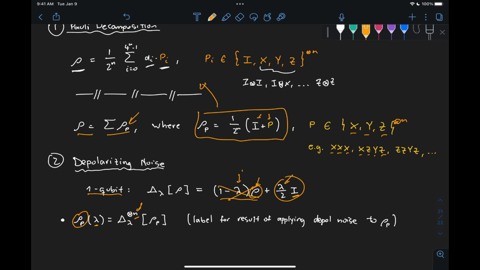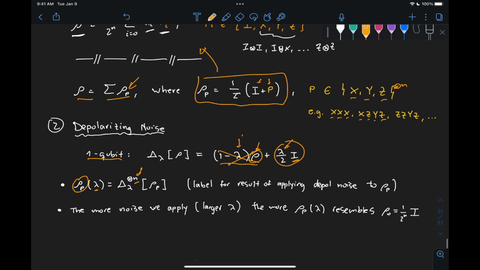So it doesn't have to be necessarily a 1 qubit system. Now, similar to the 1 qubit state, the more noise we apply, so the larger the lambda is, the more this rho sub p of lambda resembles the maximally mixed state. So basically, it gets closer and closer to an identity matrix.